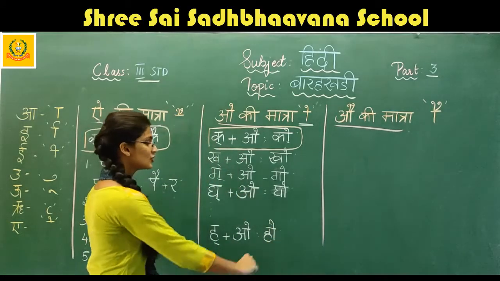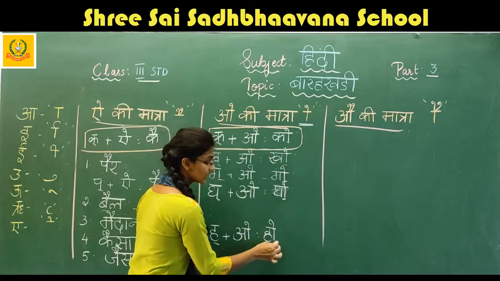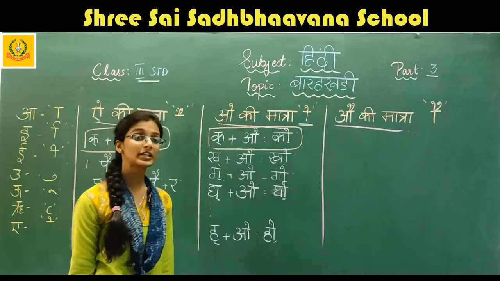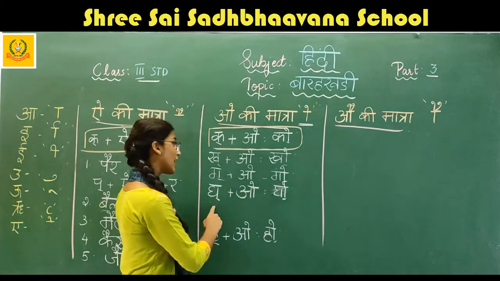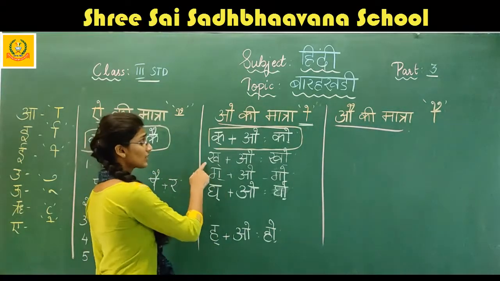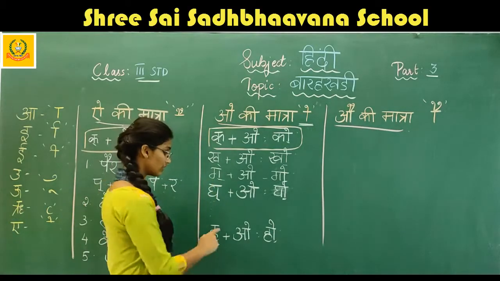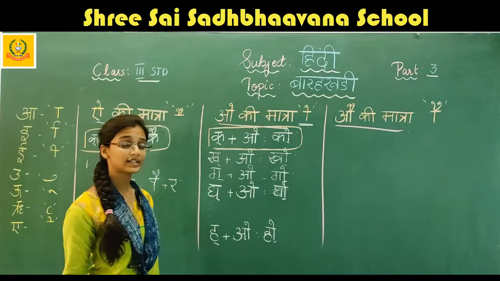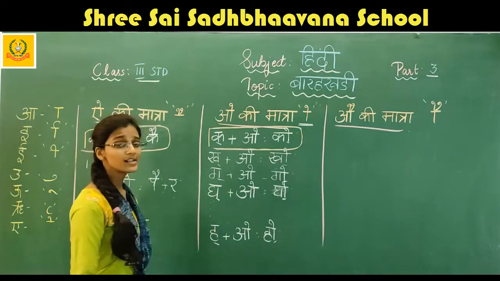See children, did you get everything with this symbol? This is the symbol. This is a matra. This is O ki matra. You have to write for every letter. That is ka, kha, ga, gha. Then you don't have it for nya. Then you can write till ha. That is cha, chha, ja, jha, nya, ta, tha, da, dha, na. Likewise, you can write till ha.